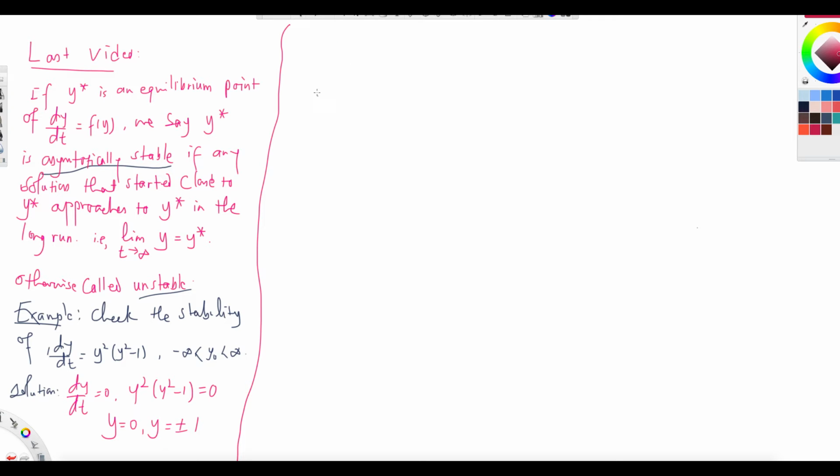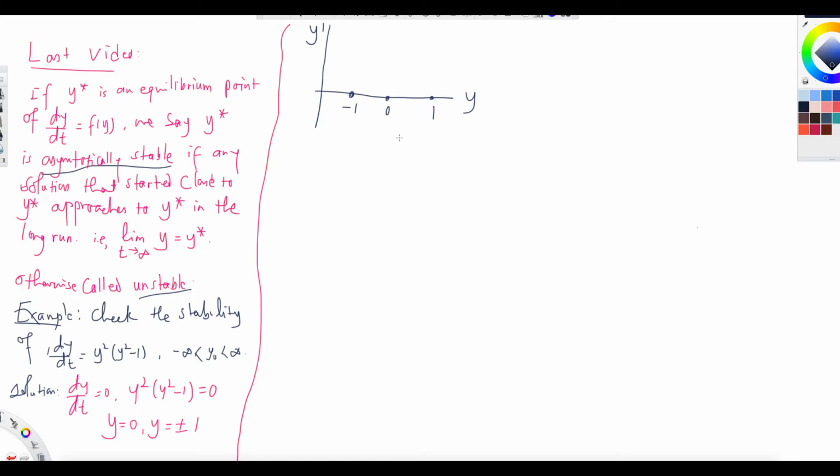So for the phase line, you draw a horizontal line where y is, and then a vertical axis for y prime, that's dy over dt, right? And mark those equilibrium solutions on the horizontal line. So let's say this is negative 1, this is 0, and this is positive 1, right?